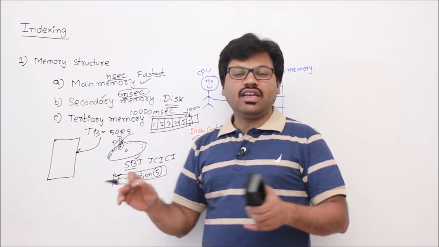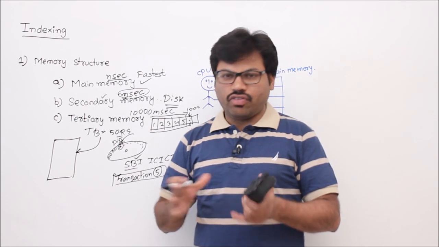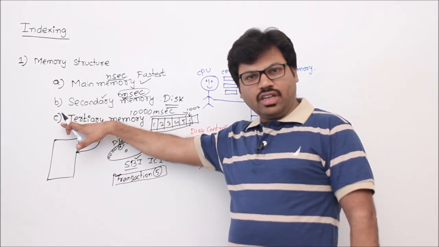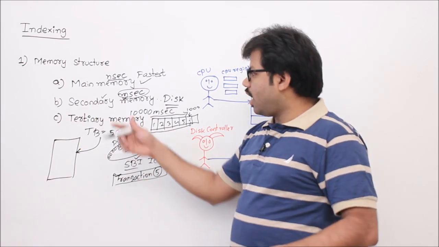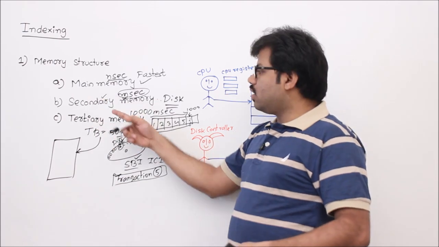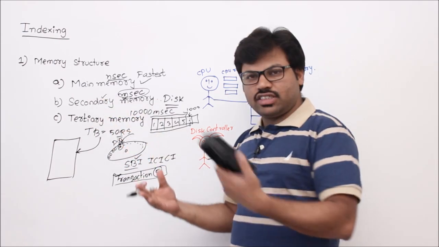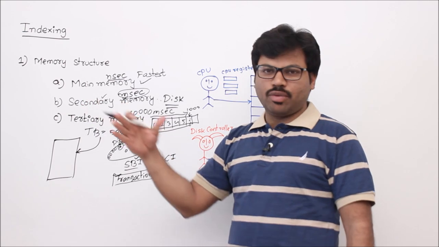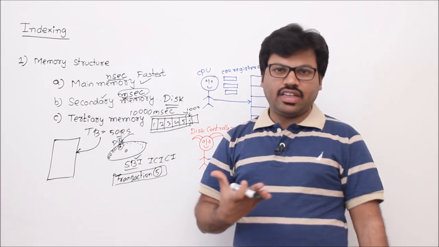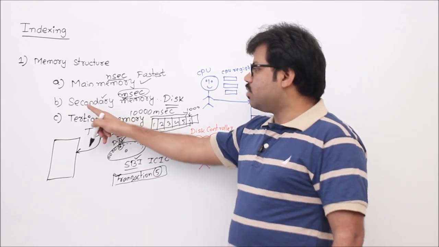That means very rarely he wants to refer to such data. For that, all such data I keep in tertiary memory, and regular data I keep in secondary memory, because it's costly, right? Otherwise everything, whether it is junk or not, I can store in secondary memory, I don't have any problem. But it needs some money, right? So investment-wise it is better.